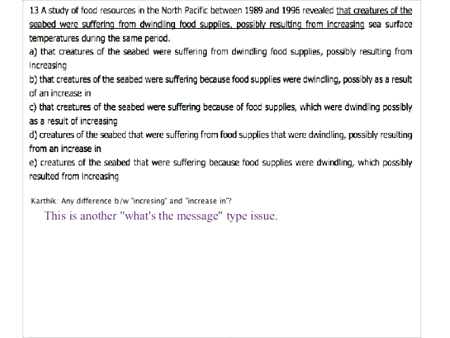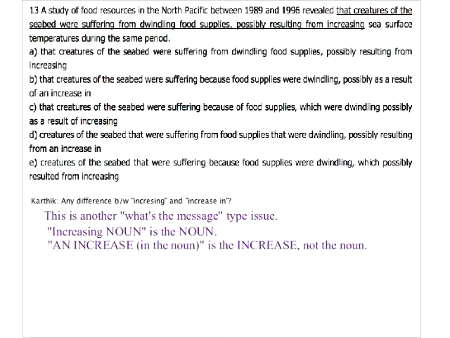If you have increasing noun, it is basically the noun. But an increase in the noun is the increase, not the noun.